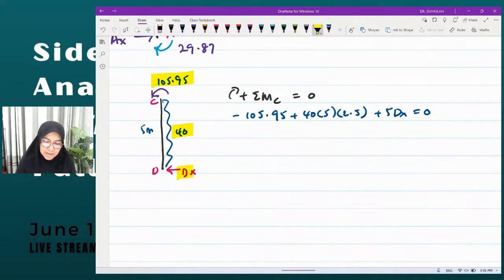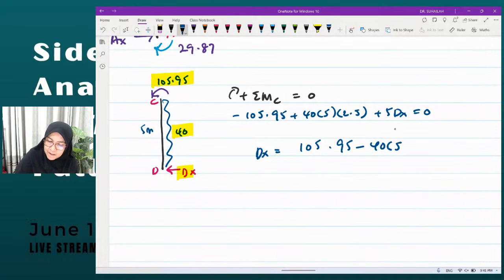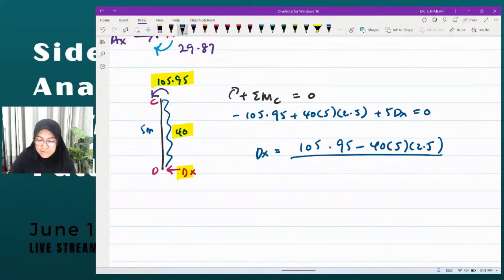So negative 105.95 plus 40 times 5 times 2.5 plus 5 DX, we get 0. So DX is equal to 105.95 minus 40 times 5 times 2.5, divided by 5.